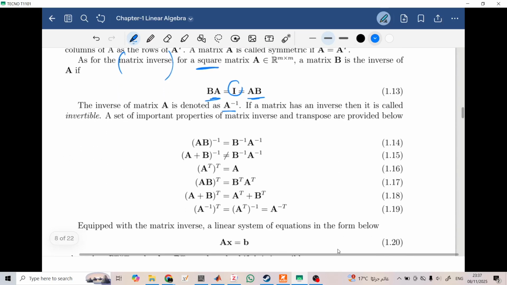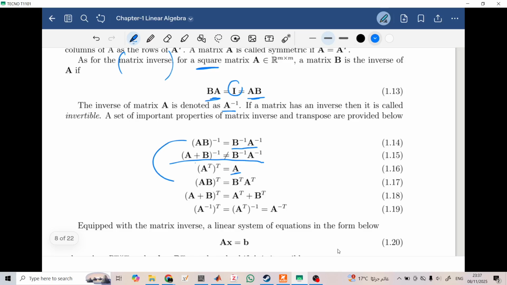So we have some nice properties here: the inverse can be distributed upon multiplication, but you have to reverse the order. It cannot be distributed on addition. A nice, very obvious property of the transpose is if you do it twice, you get back to the original matrix. And similar to the inverse, the transpose can be distributed on multiplication, but you have to reverse the order as well.